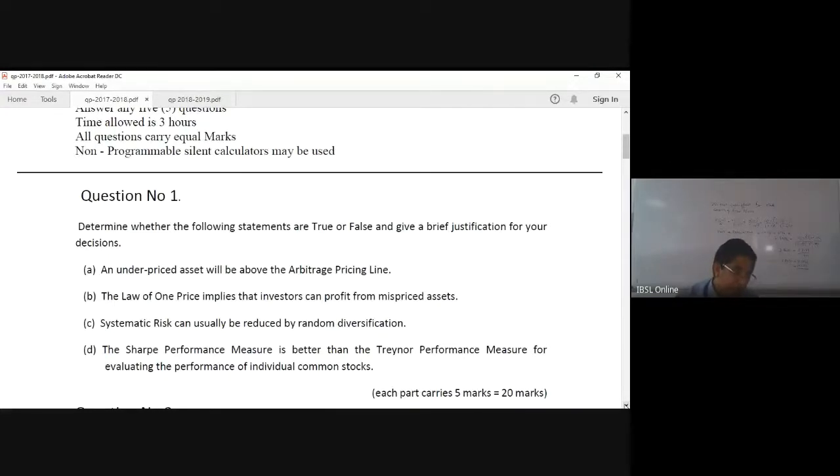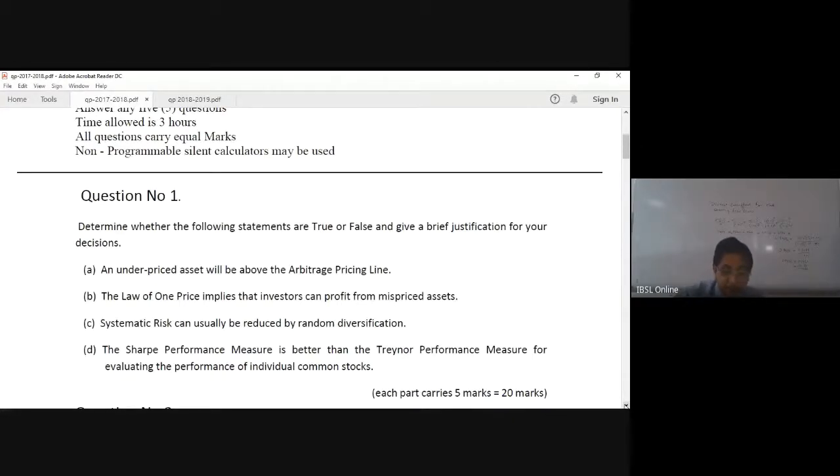So first of all, you have to say the statement given, that the underpriced asset will be above the arbitrage pricing line, is true. The explanation will be, if you get an underpriced asset somewhere, invariably it will provide a higher return, which results in it being placed above the arbitrage pricing line.